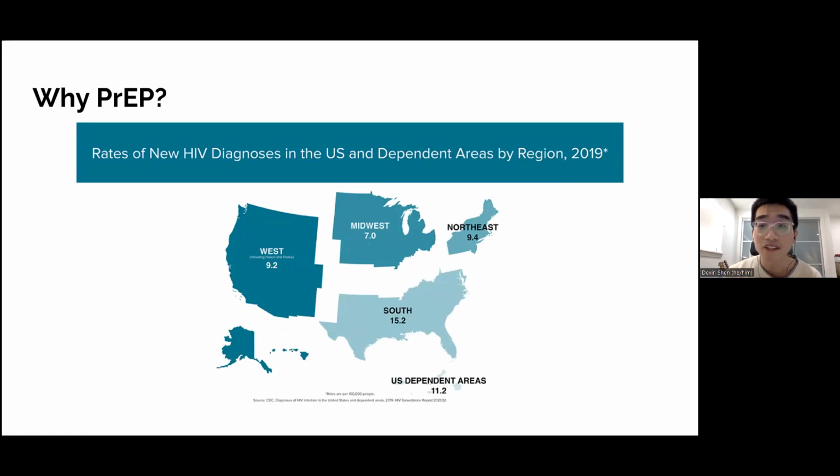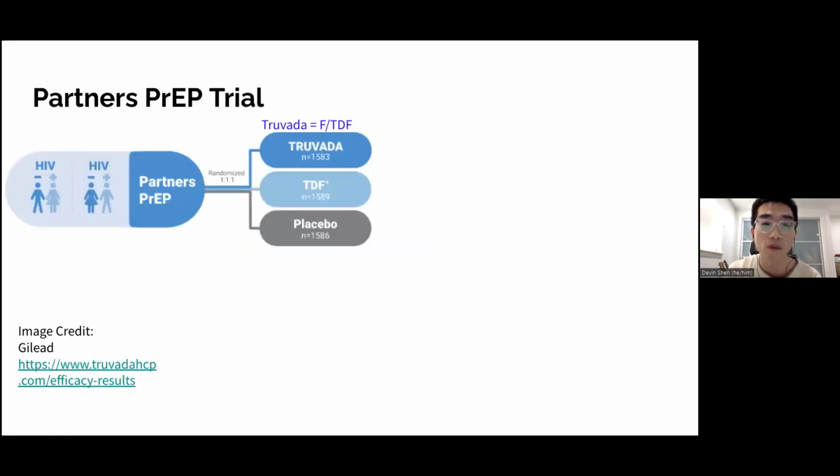With all that said, HIV is a very preventable condition, and I want to show you some data about the efficacy of PrEP from trials that have been performed. The Partners PrEP trial was performed among serodiscordant couples, where one person in the couple was positive for HIV and their partner was negative. In this study, 1,500 individuals were randomized to Truvada, which contains emtricitabine and TDF, another 1,500 to TDF alone, and 1,500 to placebo.